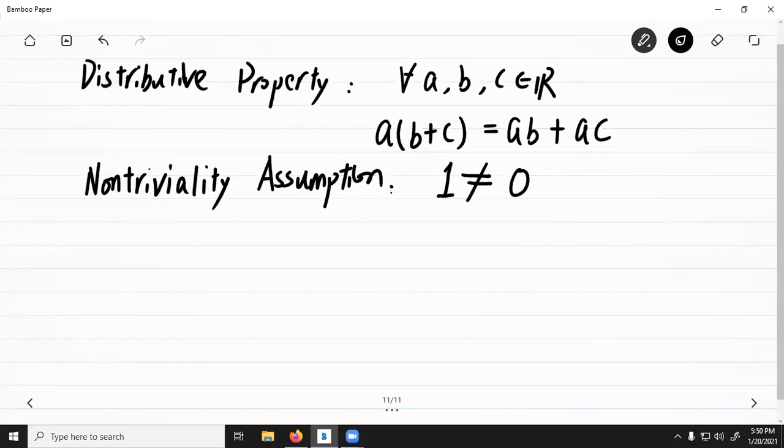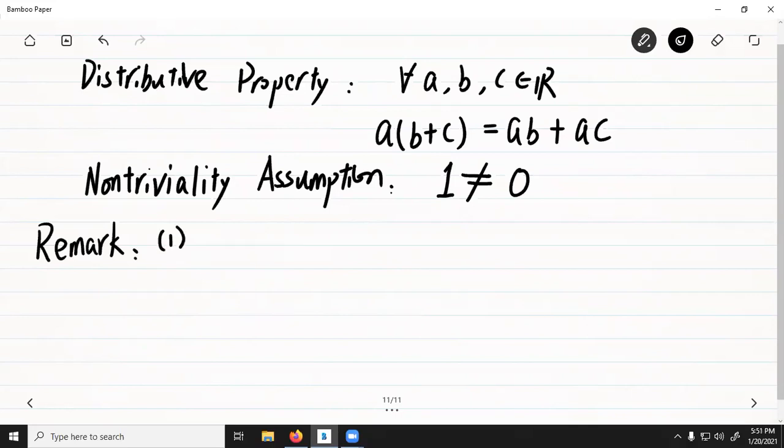Of course, we have more, which we will introduce later. So now let's look at remarks for the field axioms. The real number system should satisfy 3 groups of axioms. This is the first group, called the field axioms. Let's look at some remarks.